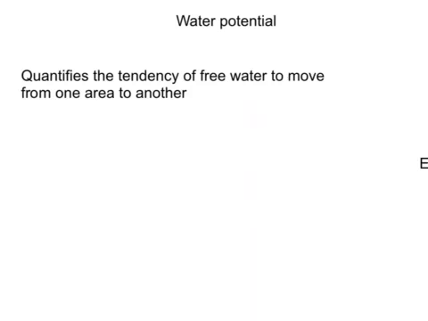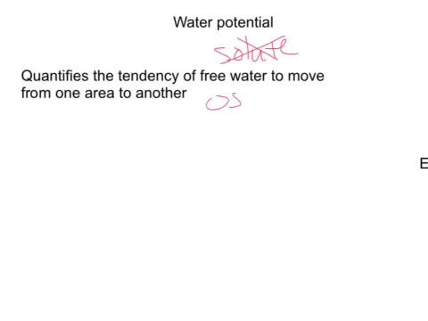When we're talking about free water, I'm talking about water that is not bound to solutes. So it quantifies the tendency of free water, not bound to solutes, to move from one area to another. And the reasons why it would move would be things like osmosis, gravity, and pressure as well.